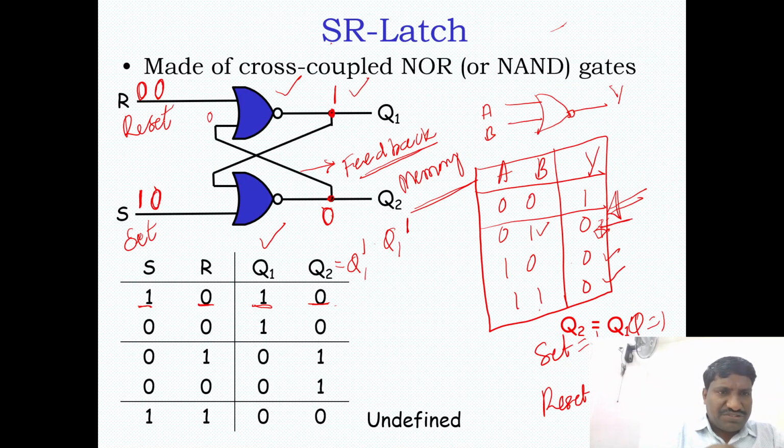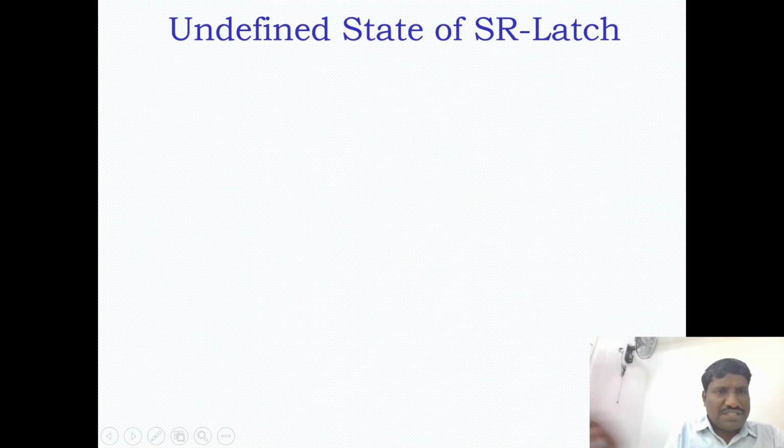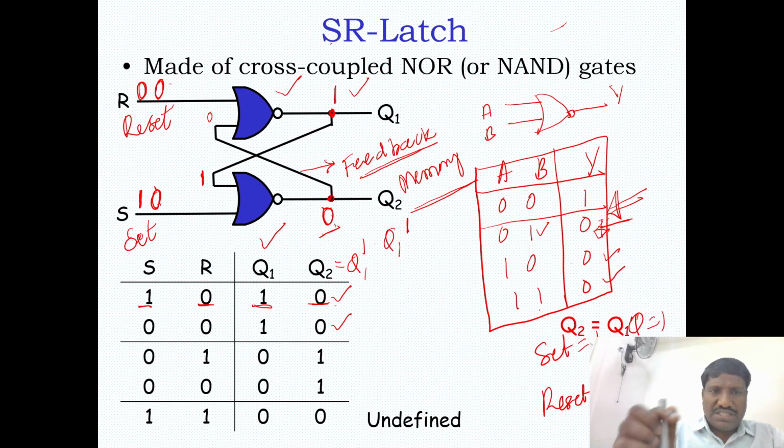Now we are applying 0 0. When this is 1 and we apply the current value of 0, when one of the inputs is 1, what is the output? 0. Is there any change? It was 0, now it is also 0. With this being 0 and this input also 0, I didn't change anything.